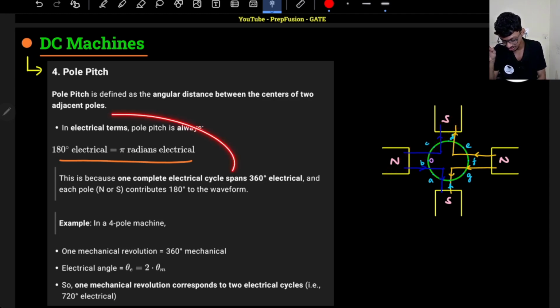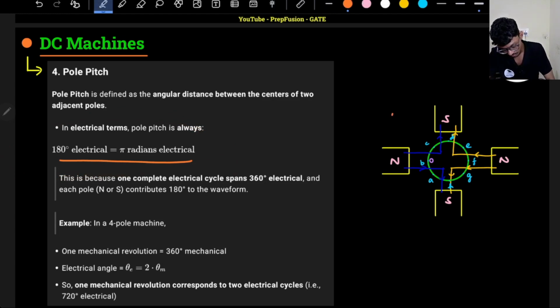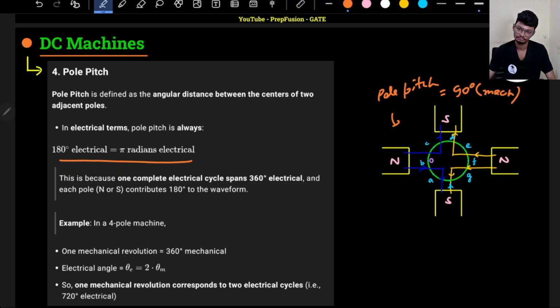In electrical terms, this will always be valid, but mechanically this will keep changing depending on the number of poles. So here in this case, pole pitch is 180 degrees electrical or 90 degrees mechanical. Remember this. By default, if nothing is mentioned about the angle, it will be the electrical angle.